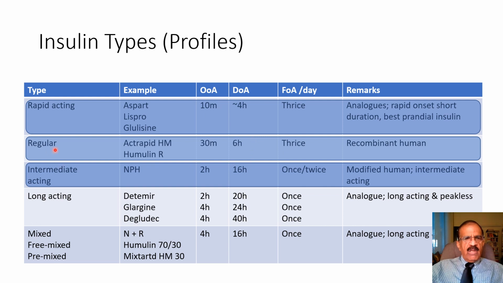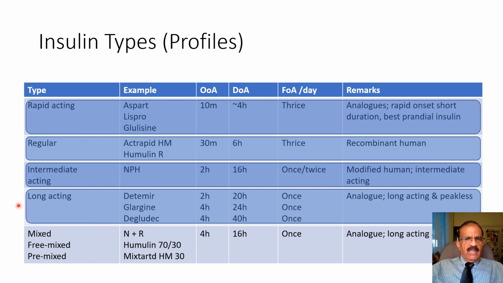With regular insulin, before the next meal, the patient is likely to go into hypos. So this is also injected thrice a day. These are analogs, rapid onset and short duration. They are best prandial insulin. Prandial insulins are the insulins which are used to cover the post meal phase.